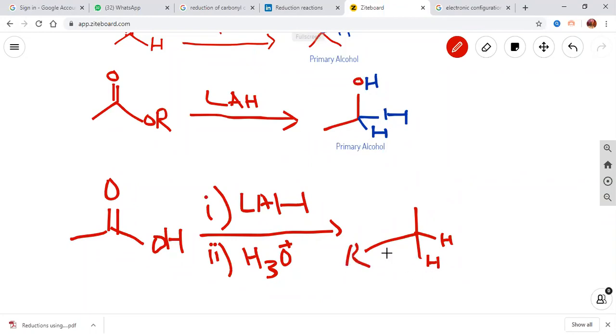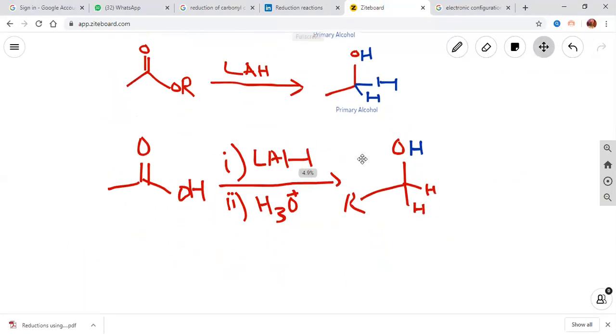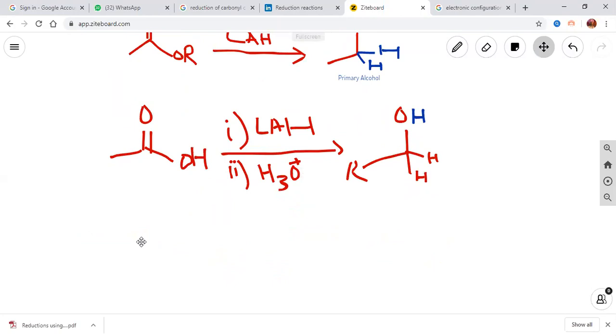Right here, R, O. You have to remember these reactions, students.